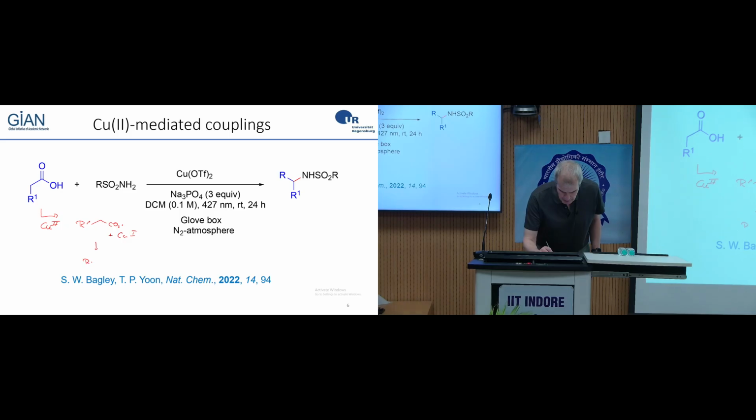Then they decarboxylate it. This gives you the radical, and then they trap it with a nucleophile. In this case, the nucleophile here has a proton on this, which is lost in the end, and then they get the coupling between the R group and the nucleophile. We are still at copper 1.